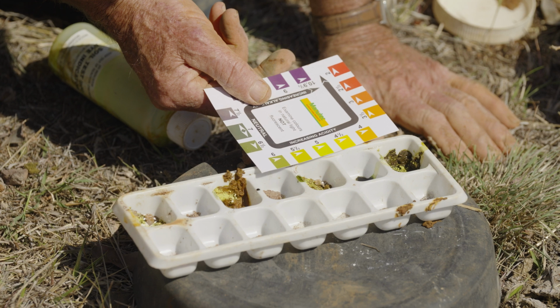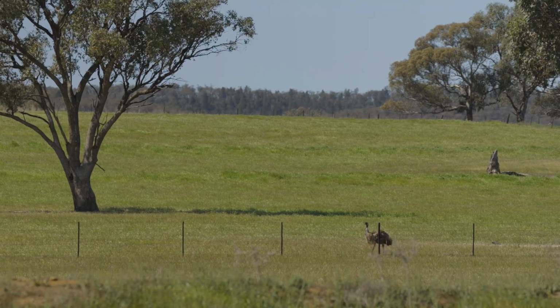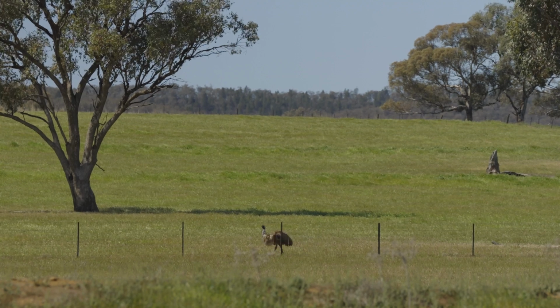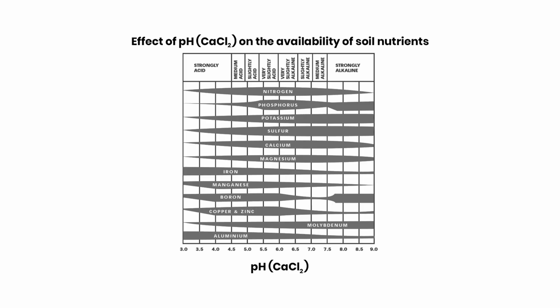Note that as a rough guide, water pH reads 0.8 pH units higher than the more stable and accurate calcium chloride test. Landholders should be aiming for pH levels greater than 5.5 calcium chloride because below that, nutrients become unavailable or toxic.